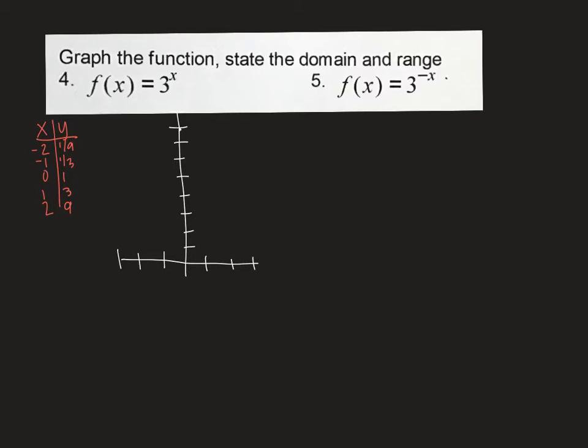So I'm just going to plot those points. Negative 2, 1/9, negative 1, 1/3, 0, 1, 1, 3, and 2, 9. And when we connect those points, we end up with an exponential graph that looks about like that.